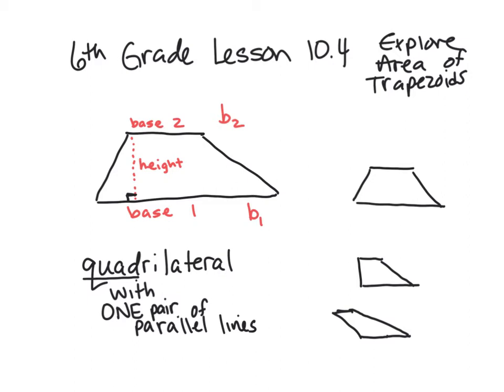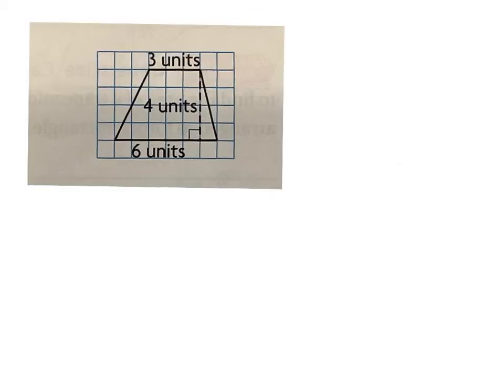Let's have a look at exploring trapezoids so that we can find the area of a trapezoid, because we can't very well use the triangle formula and we can't very well use the parallelogram formula. So we're going to have to figure out what we can do here. Here I have this trapezoid, a triangle that got its top chopped off on a mouse trap.